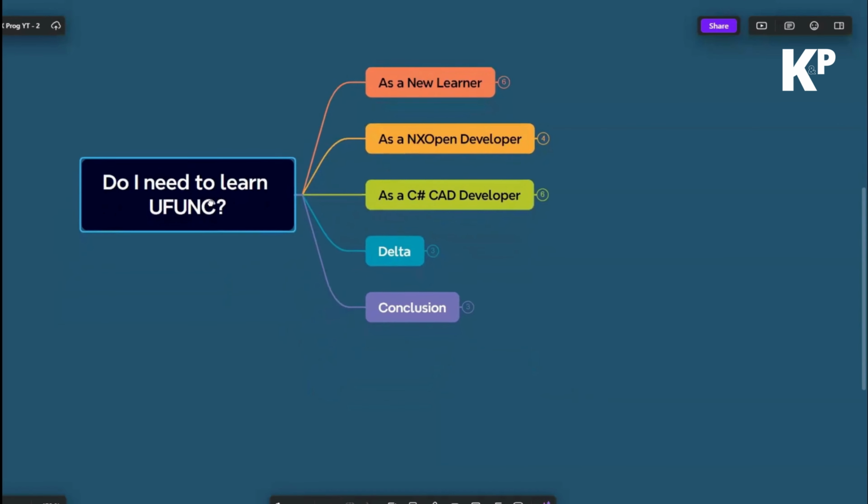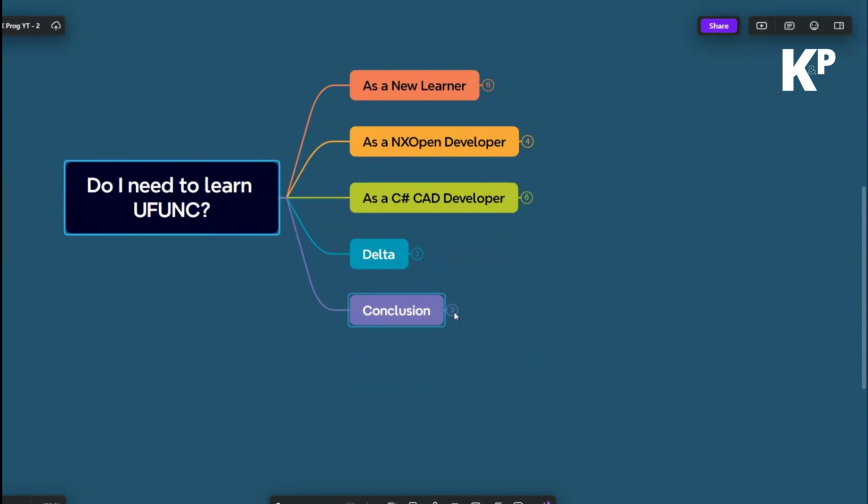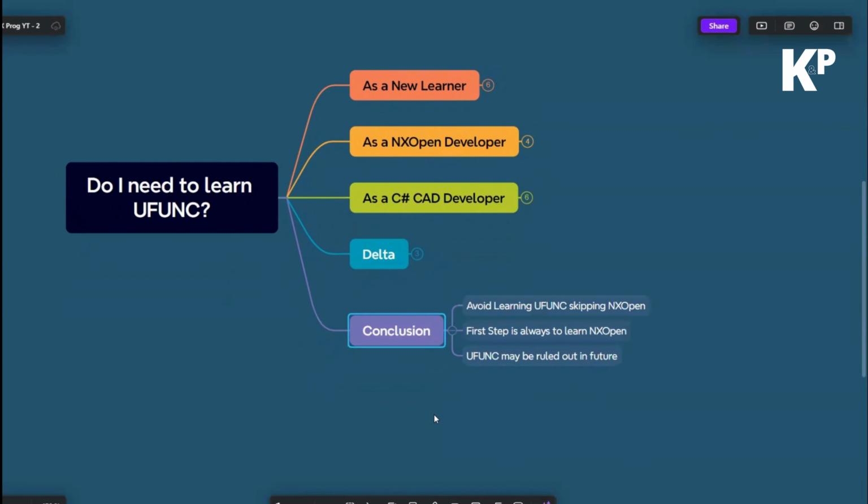Now, last but not the least, let's have the conclusion on this topic. First and foremost conclusion I would like to give you to clear off any confusion if you still have any till this point of time is that you should avoid learning UFUNC, skipping NXOpen.